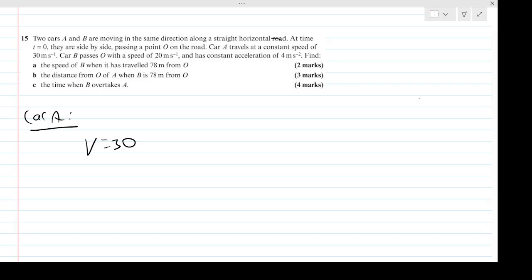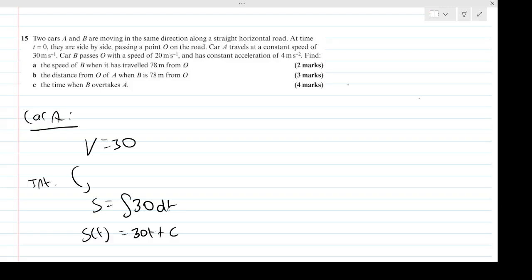Because it's constant, okay? So actually the velocity is constant here. So then if I integrate to get the displacement, that means the displacement is going to be the integral of 30 dt, so I'll add a t on, so 30t plus c, right? And that's my displacement, okay, there. Right, but I need to find plus c.